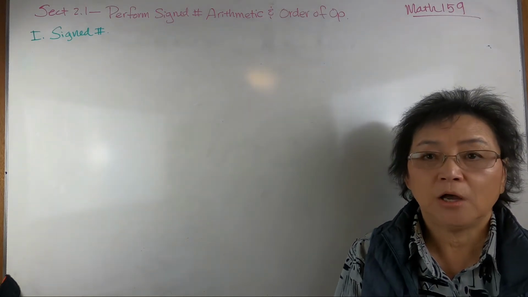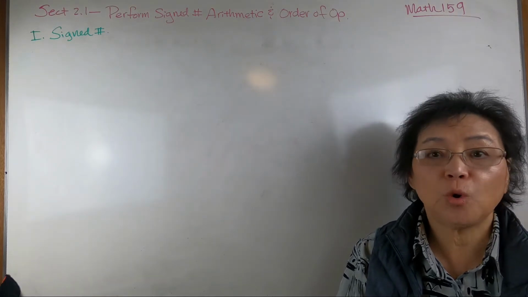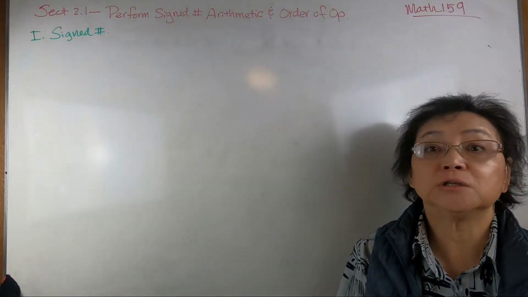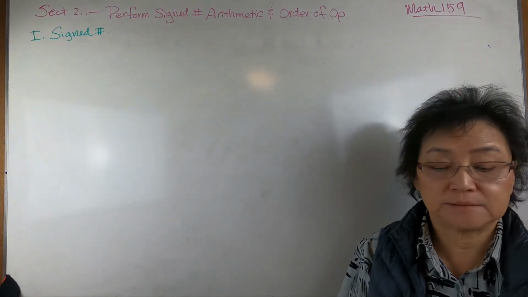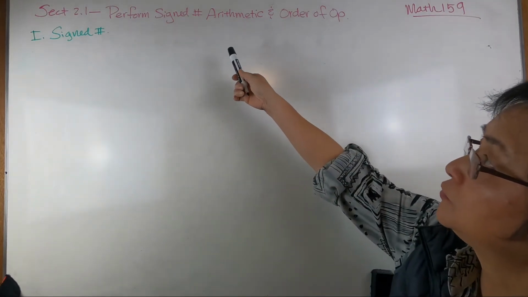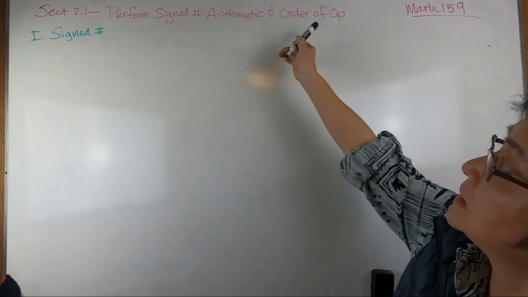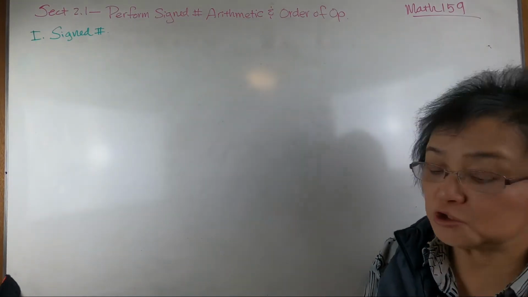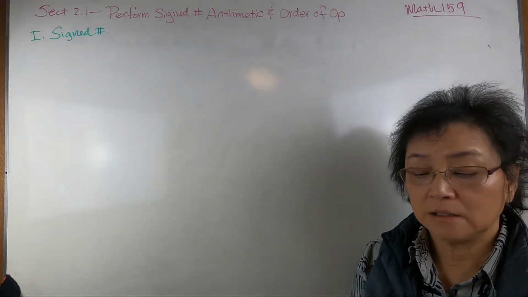Okay, we are on chapter 2, section 2.1, your page 13. We are going to learn some numbers. For section 2.1, we are going to do some signed number arithmetic and order of operations. You're supposed to know this, okay?